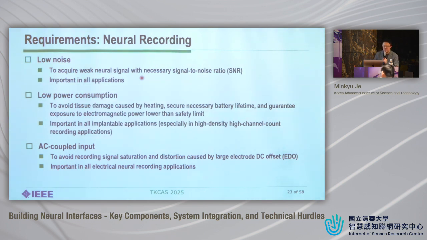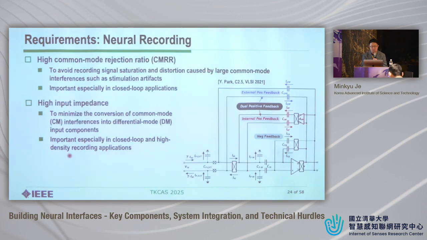I will cover it quickly. So coming to this neural recording circuit block, the requirements are like this. As we all know very well, low noise and low power consumption, so I will skip it. I will not explain too many details. And AC-coupled input, because whenever we have an electrode, between the tissue and the electrode we have an unexpected amount of DC offset, so we need AC coupling in the input.